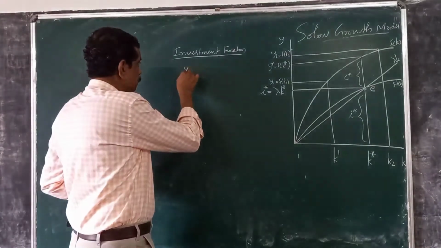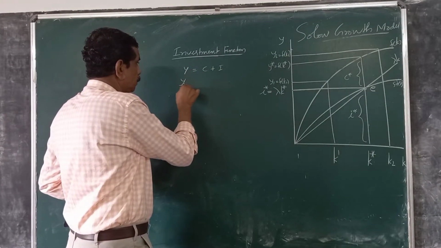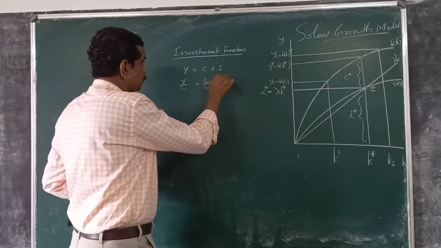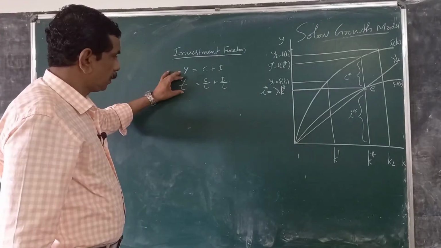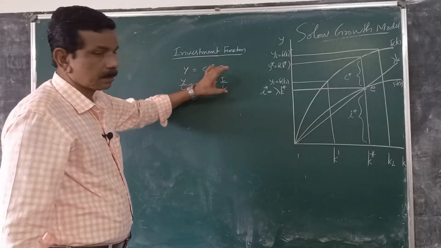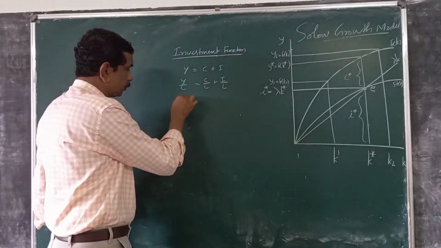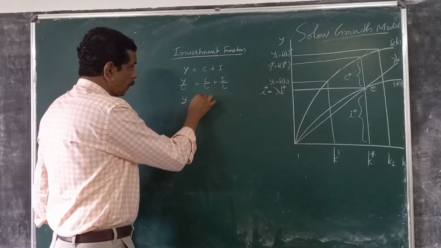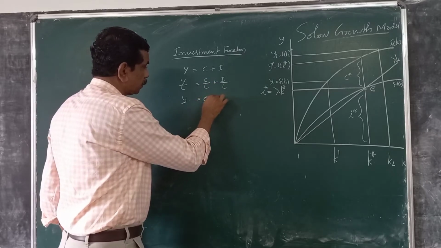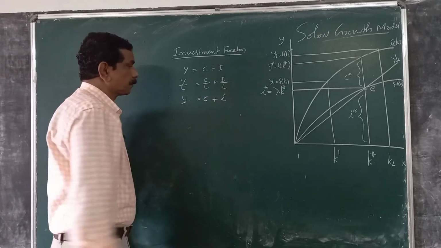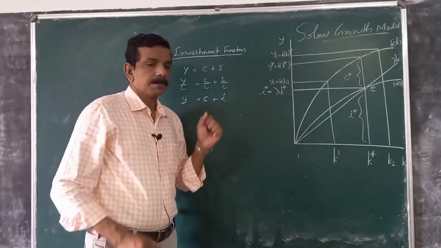That is, Y is equal to C plus I. Y by L is equal to C by L plus I by L. Output per worker is equal to consumption per worker plus investment per worker, using small letters.